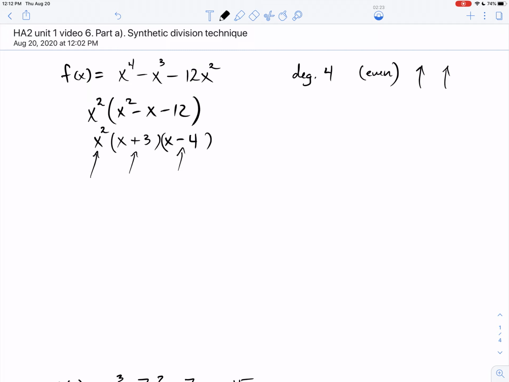So here's the thing. If I wanted to have a rough sketch, what is this thing actually going to look like? I know I got a bounce at the origin, and an x-intercept at -3, and an x-intercept at 4. I know it goes up on this side, and it goes up on this side.